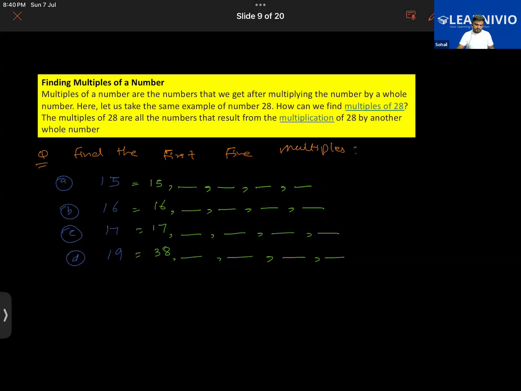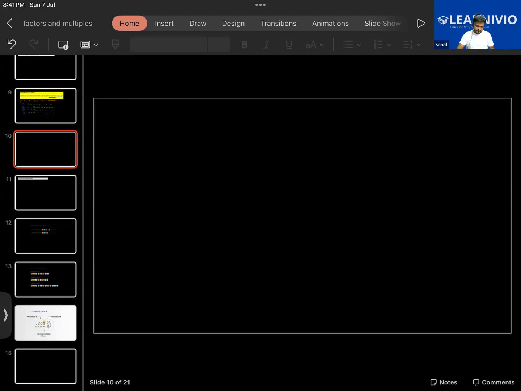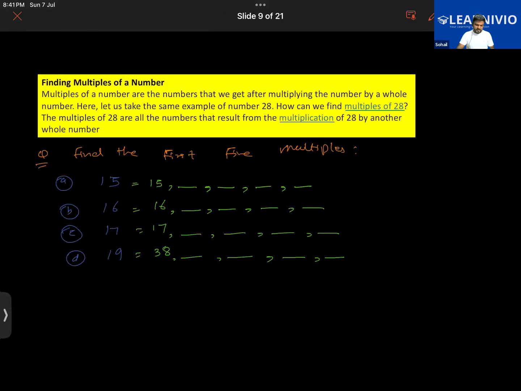Tell me the multiples of 15, the first 5. The first one is 15, then 30, 45, 60, 75. Very good. It's correct: 15 ones are 15, 15 twos are 30, 45, 60, and then 75. Next, find out the multiples of 16.